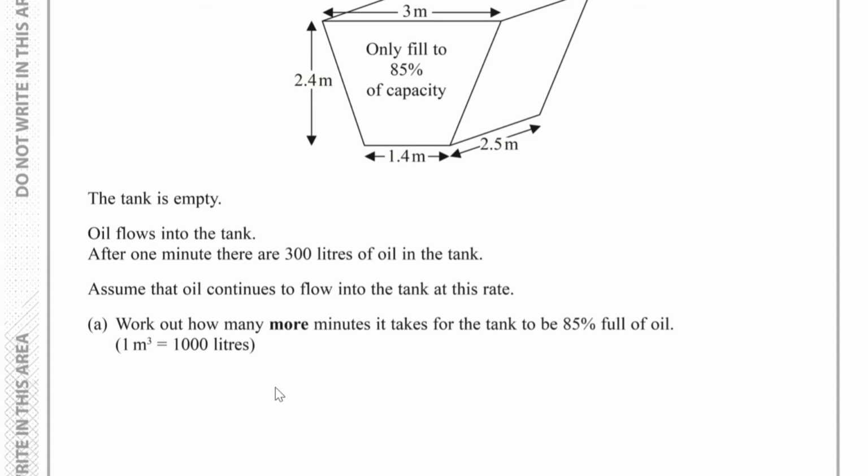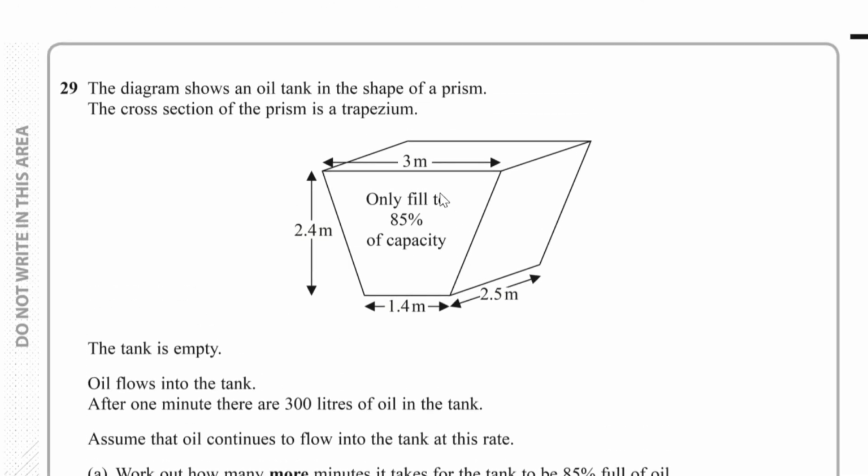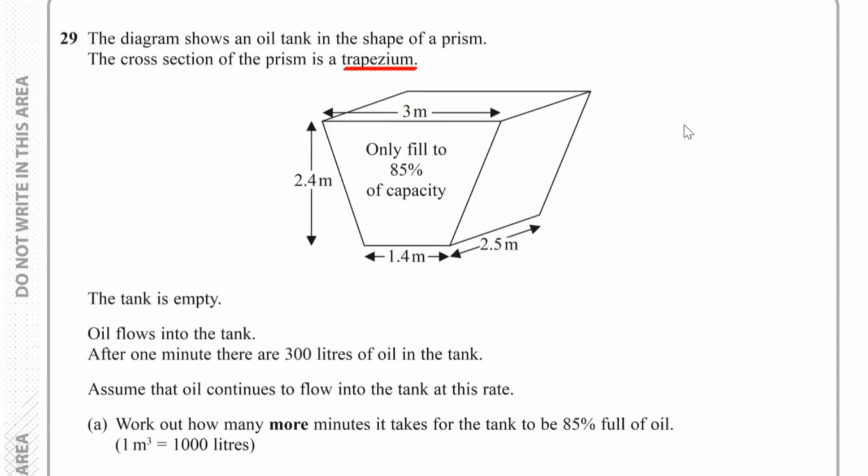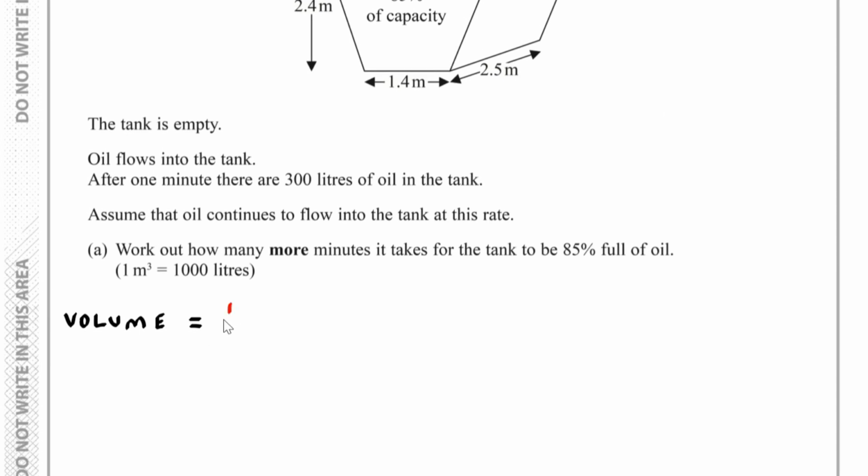So what we can do is find out the volume of this tank. For the volume, we've got the area of the trapezium, so first of all we need to find the area of this trapezium. We've got 1/2 times the sum of the two parallel sides, so that's 1.4 plus 3, and then times the height of 2.4.